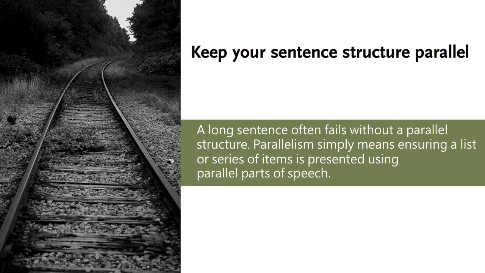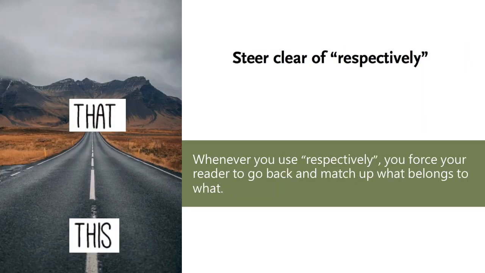Then the next is to keep your sentence structure parallel. A long sentence often fails without a parallel structure. Parallelism simply means ensuring a list or series of items is presented using parallel parts of speech. The next is to avoid using "respectively," "the former," and "the latter" in sentences.